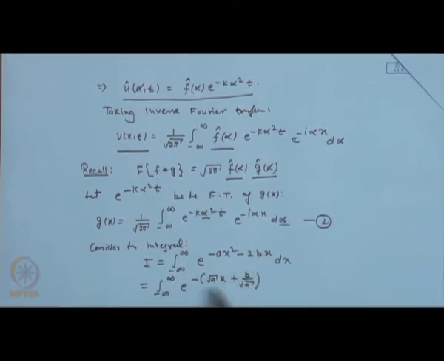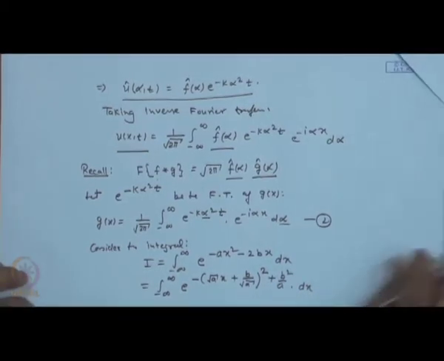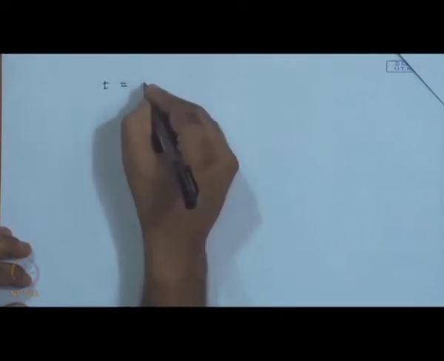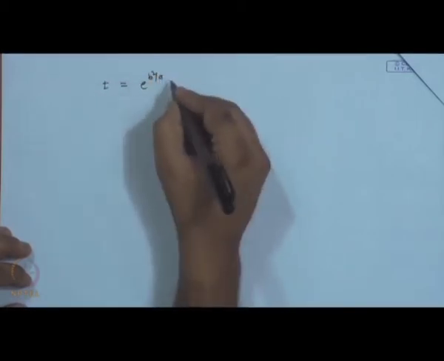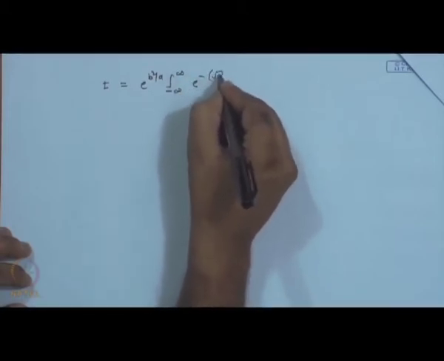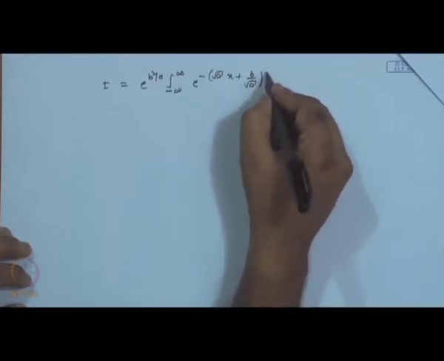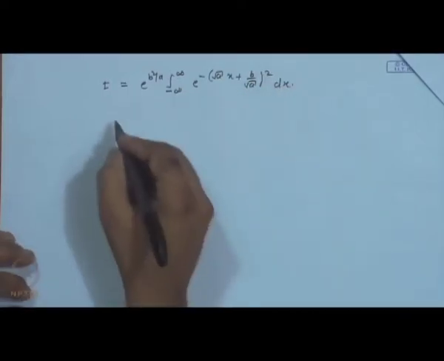What extra do we have here? We have minus b^2 over a, so we have to add here b^2 over a, and then dx. This e^(b^2/a) we can take out of this integral, so we have e^(b^2/a) times the integral from minus infinity to plus infinity of e^(-(square root a x + b over square root a)^2) dx.